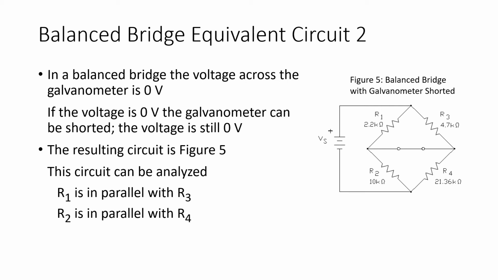I can reduce the parallel resistance of R2 and R4 into a single resistance. I can find the currents and the voltages in this circuit. So we can analyze a circuit only if it is balanced.